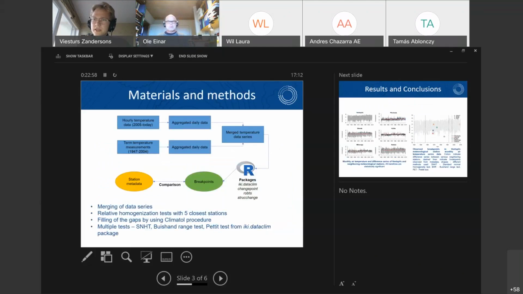How we did it: we had hourly temperature measurements, which are recent, and term temperature measurements either 3 times a day or 8 times a day, that are more historical, from 1949, aggregated into daily data, merged the temperature data series without too much data processing, and checked for the breakpoints using R, using various packages like dataclim, changepoint, etc. And here I will present the results of 3 tests: standard normal homogeneity test, Wald-Wolfowitz range test, and Pettitt test.